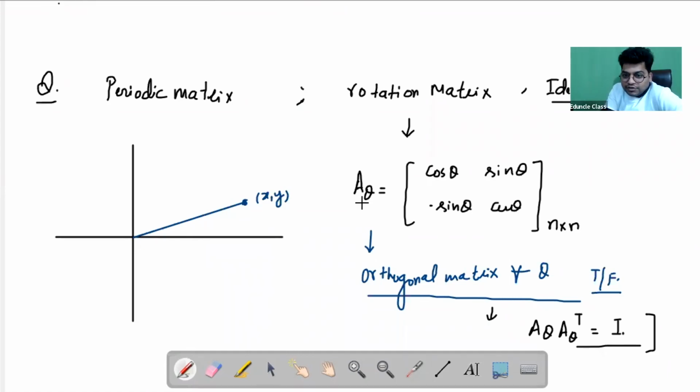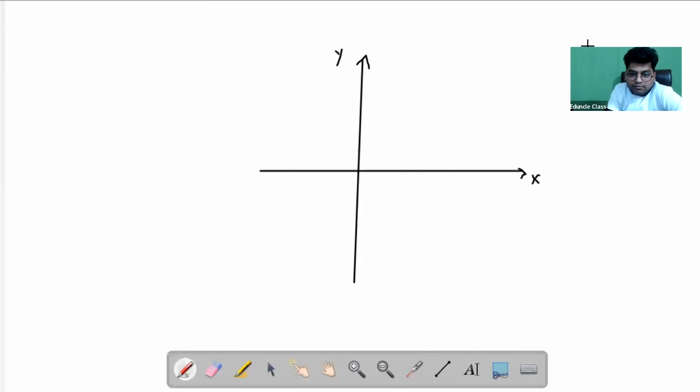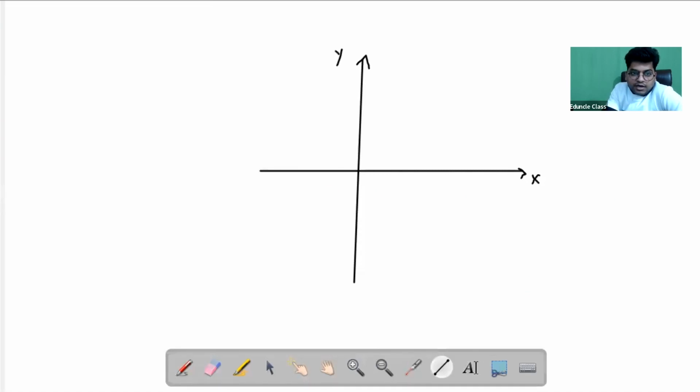I am saying this is a rotation matrix. What is the meaning of rotation matrix? Basically, when we have done our geometry problems, let us consider this is the x-axis, y-axis, and this is a very important problem, that's why I am discussing. And you are rotating the axes to y dash, x dash.